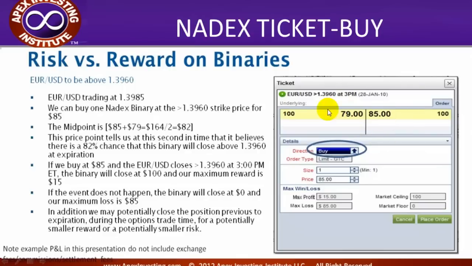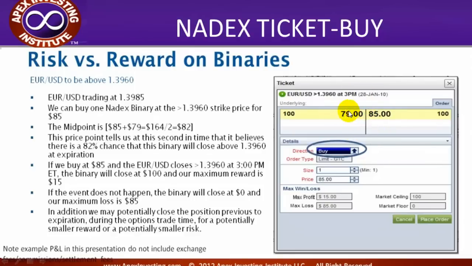So the reality is you've got what's called the bid-offer spread. If you try to buy at the bid, you're probably not going to get filled unless the market moves down in your favor. So 79 to 85 is a $6 difference. Divide that by 2, you get 3, and then add 3 or subtract 3 from your side.